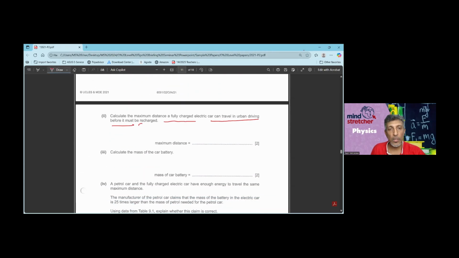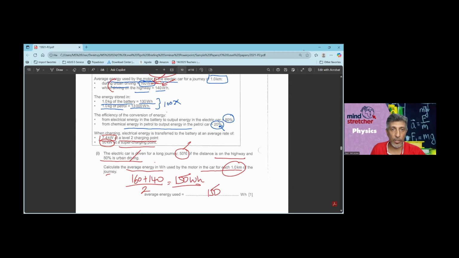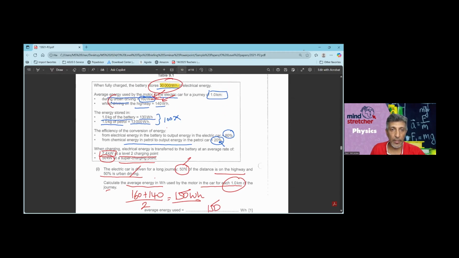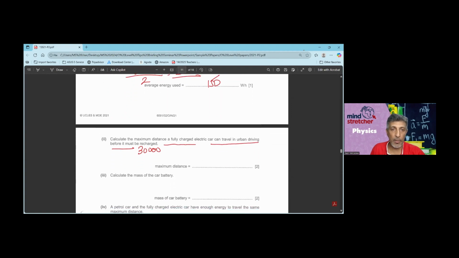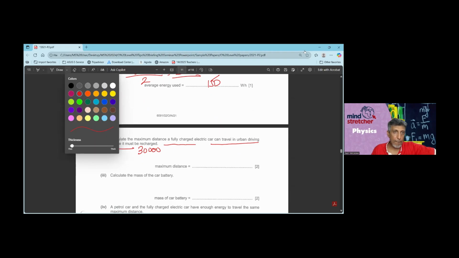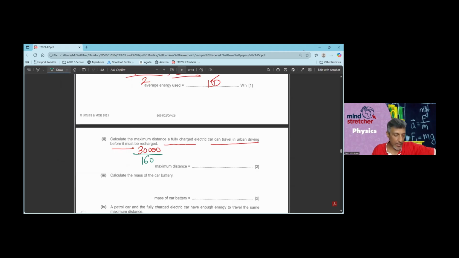So you just go 30,000. Guys, look at that: 160 watt hour per kilometer.